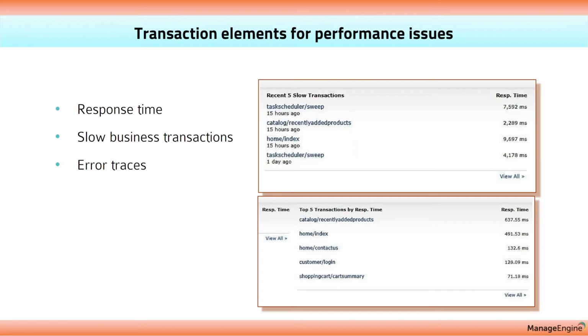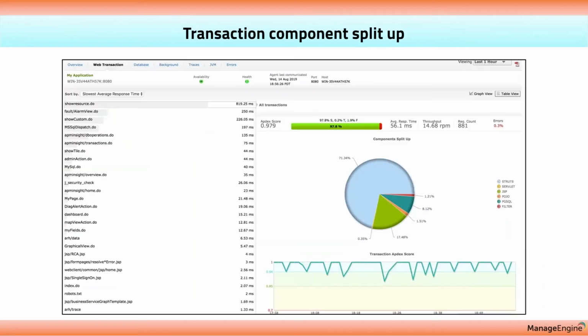So also, we could see the transaction component split up. So what do we mean by transaction component split up? Whenever a business transaction is occurring, it is made up of all the required services within your environment that are called upon to fulfill a specific user request. An example could be a login, as I mentioned. It could be a search operation performed inside the application, or it could be a checkout if it is an e-commerce based application.